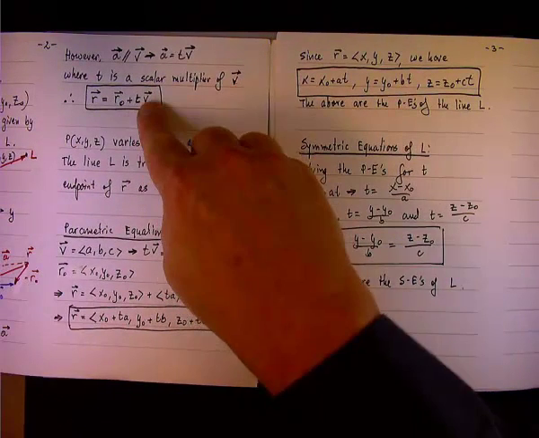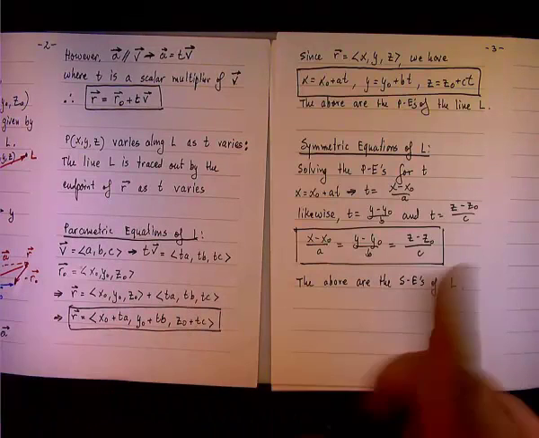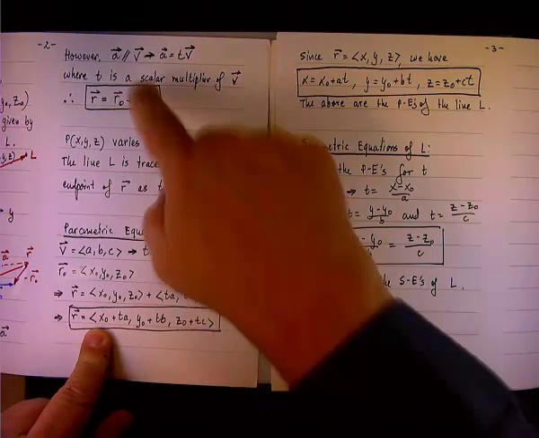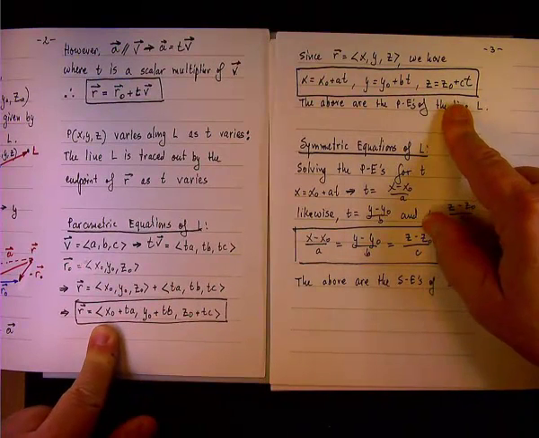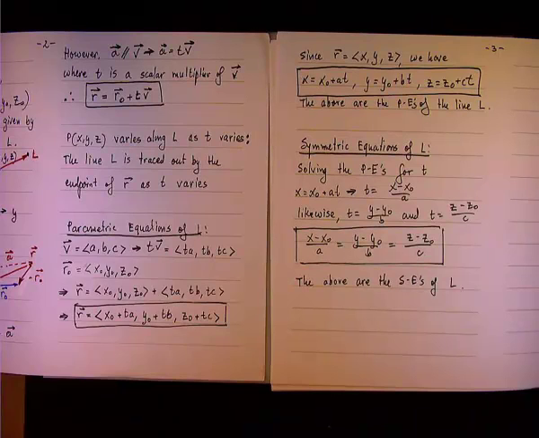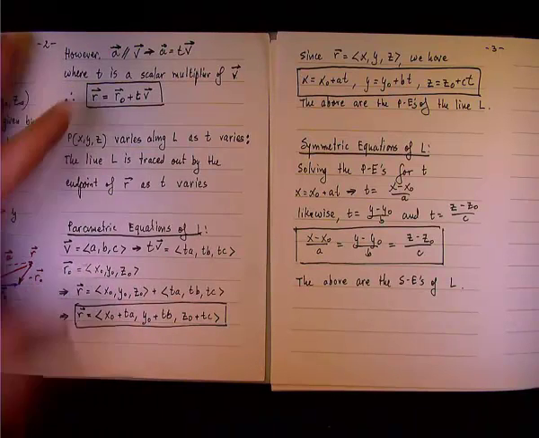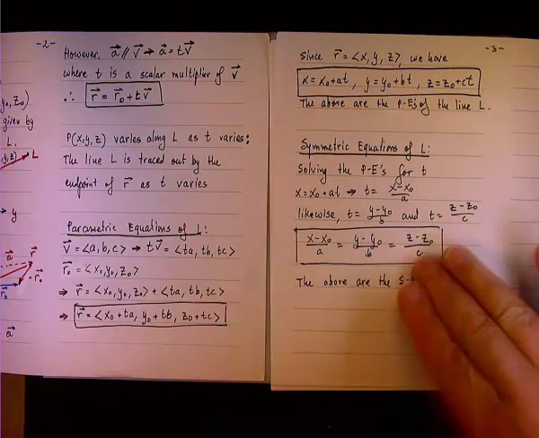So in summary, if I put everything together, we have three representations of a line in three-dimensional space. The first is the vector representation of the line, which you can see here, or you can see it here explicitly.